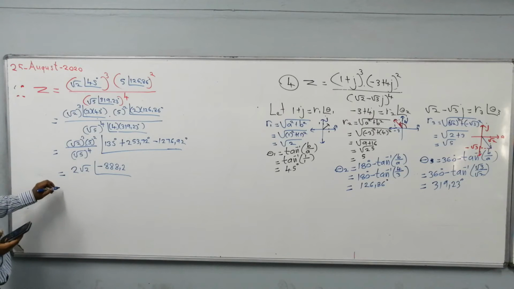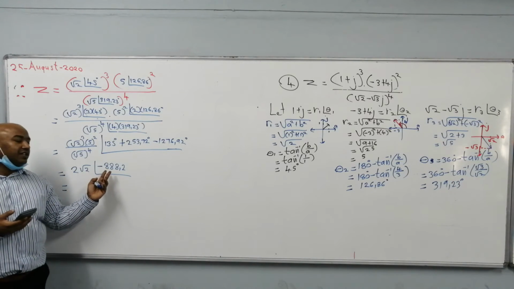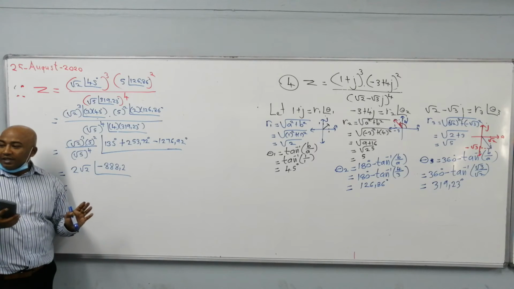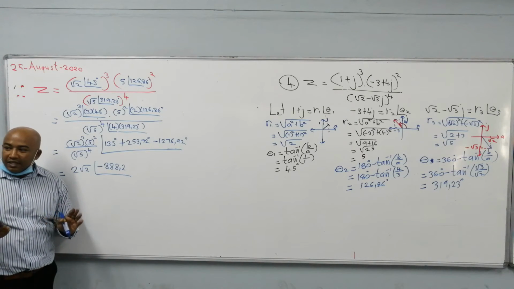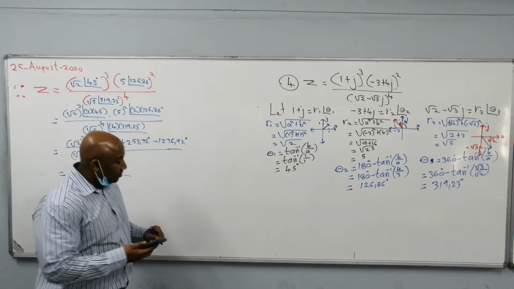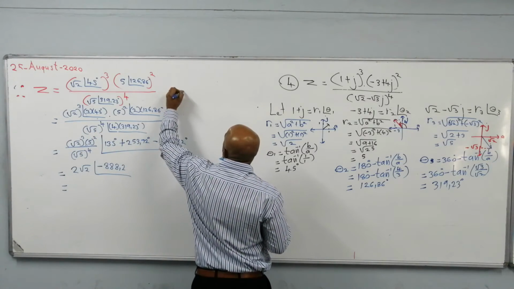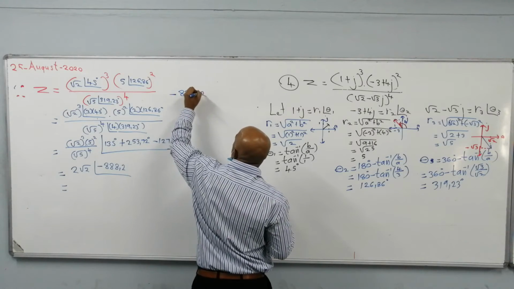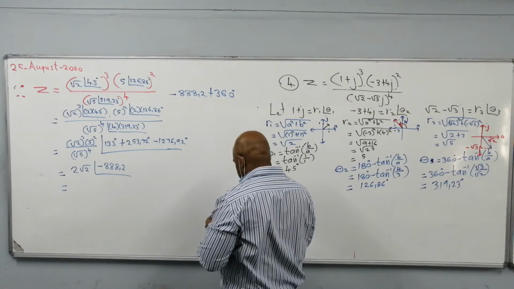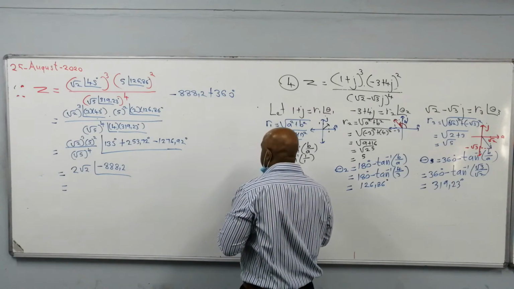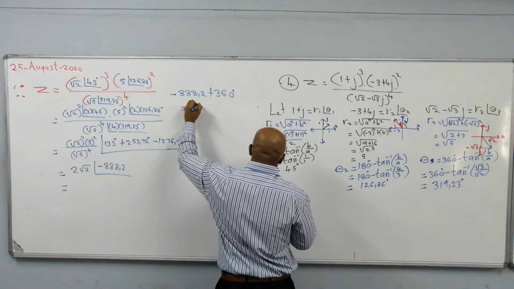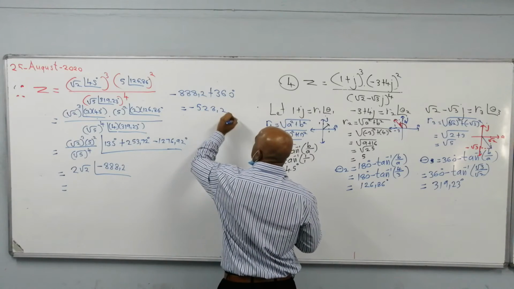Now, you can convert this to an angle that's in between 0 and 360 degrees. You might see that in some of the exam memos or the textbook. So, this minus 888.2, if I add 360 degrees to it, that's going to equal minus 528.2.